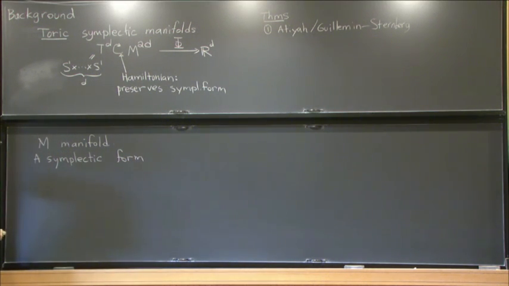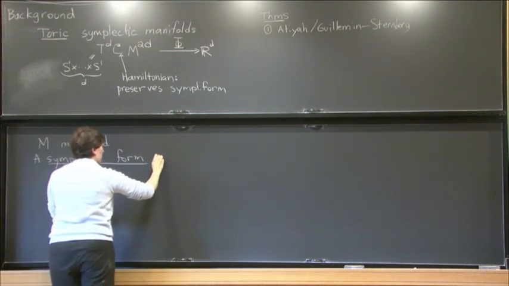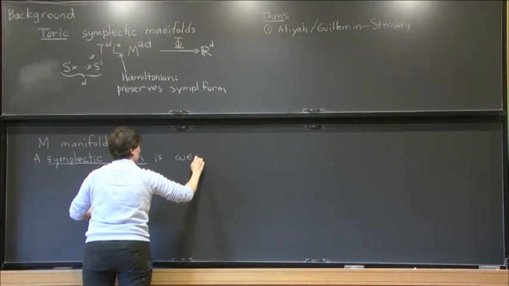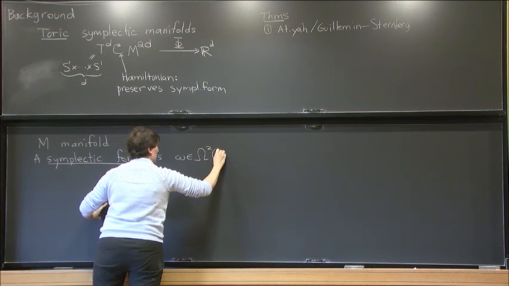So if M is a manifold, a symplectic form is a 2-form.